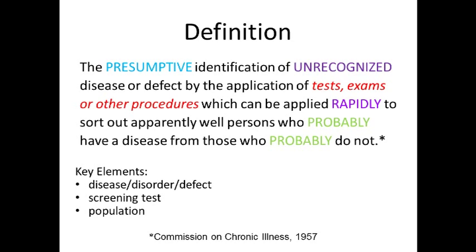Now, how does screening help us in finding out more about a disease? For example, if we look at 10 students who look to be apparently well, and we need to find out how many of them have a high blood sugar, I can immediately do a finger prick test.